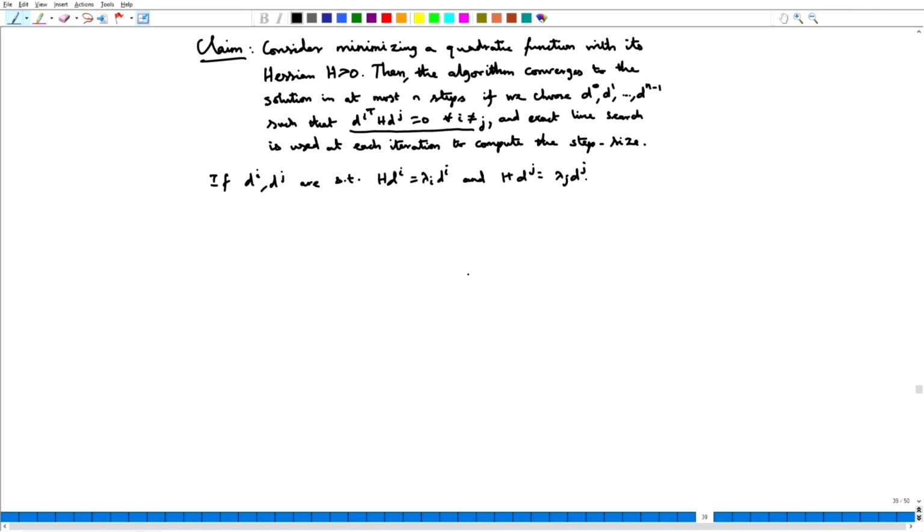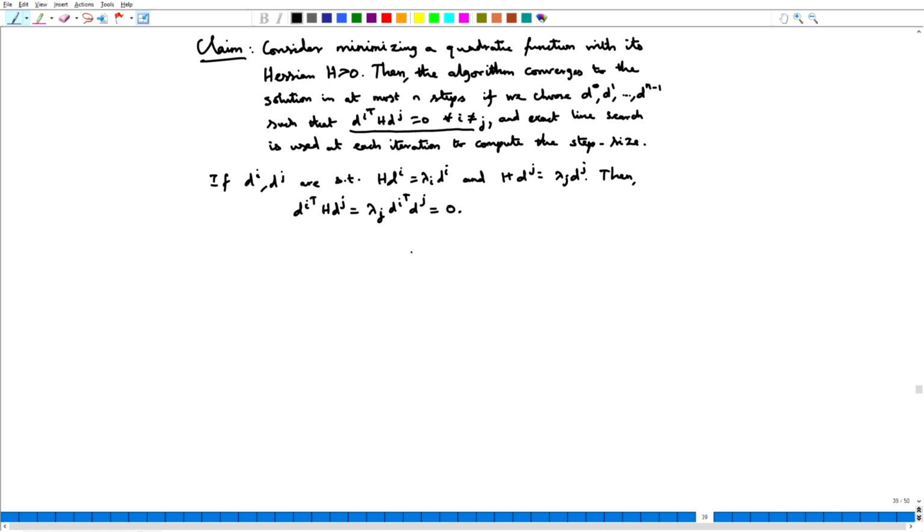Then you can see that di transpose H dj is lambda j di transpose dj, but di transpose dj is 0, right?